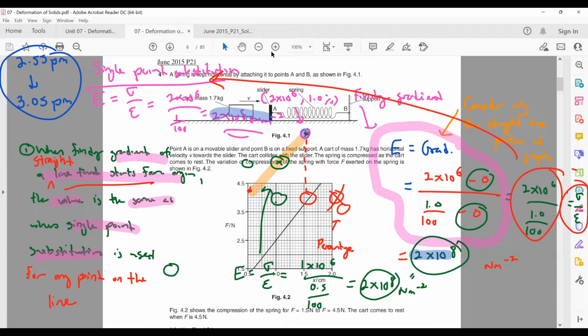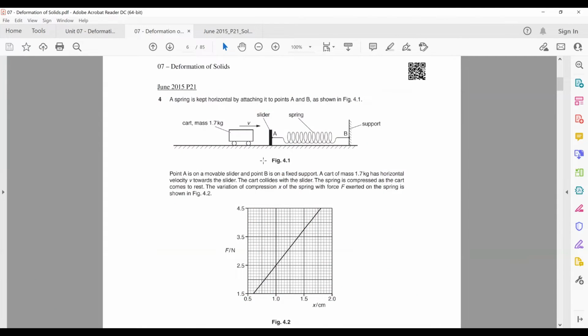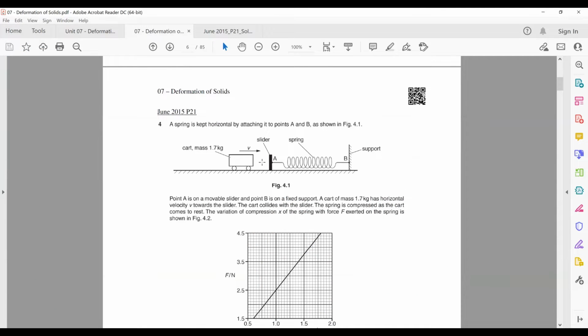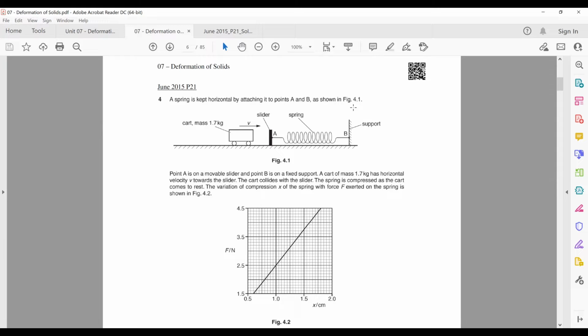I'll clear everything off. Now, a spring is kept horizontal by attaching it to points A and B as shown in figure 4.1. Point A is a movable slider, and point B is on a fixed support. Point A can move, point B is fixed. A cart of mass 1.7 kg has horizontal velocity v towards the slider. The cart collides with the slider.